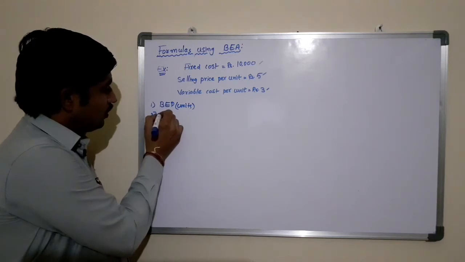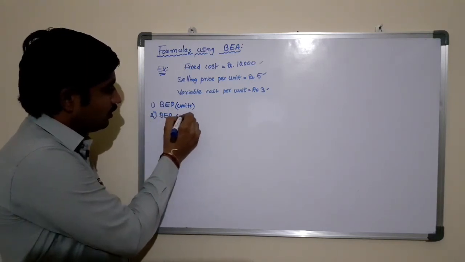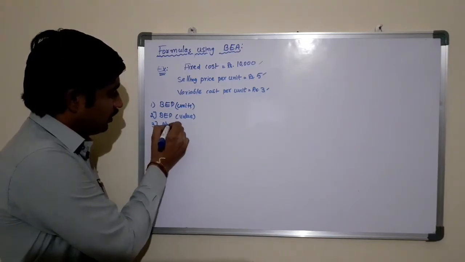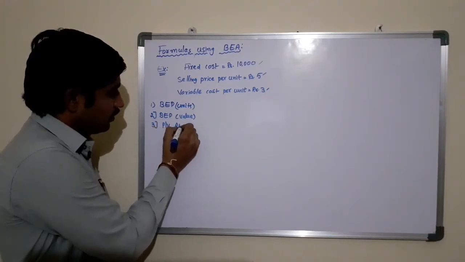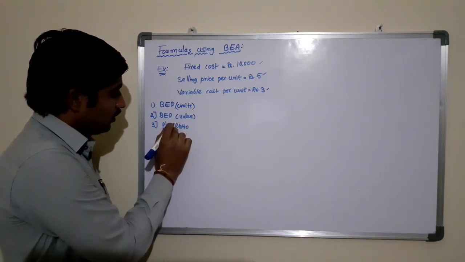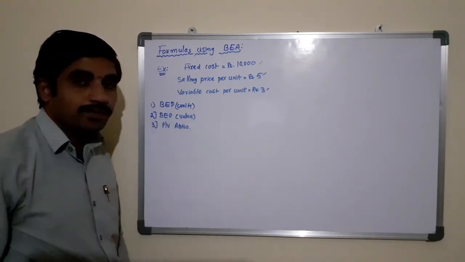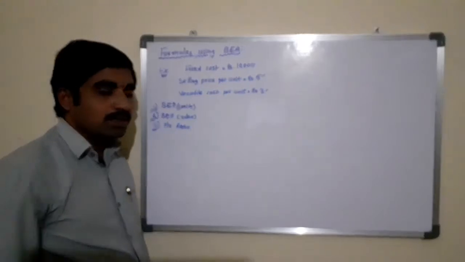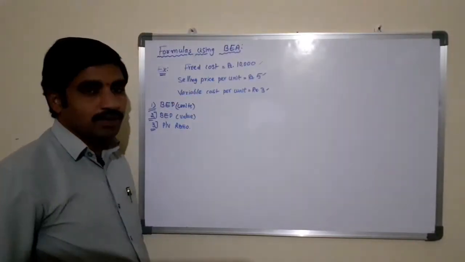What is the break-even point in value? And what is the PV ratio? Now you need to apply the respective formulas to calculate BEP units, BEP value, and also the PV ratio. This is your given information.